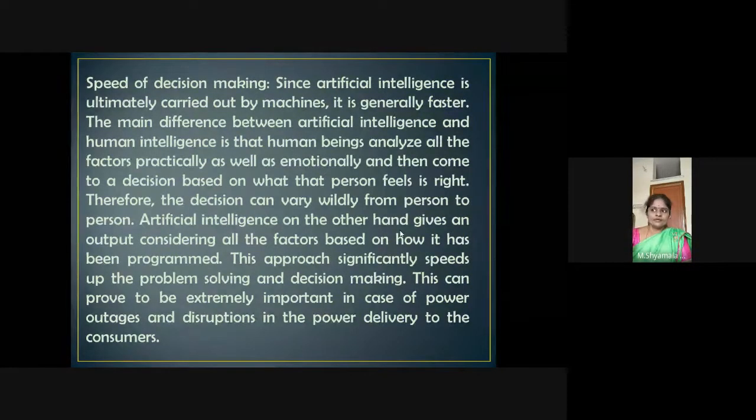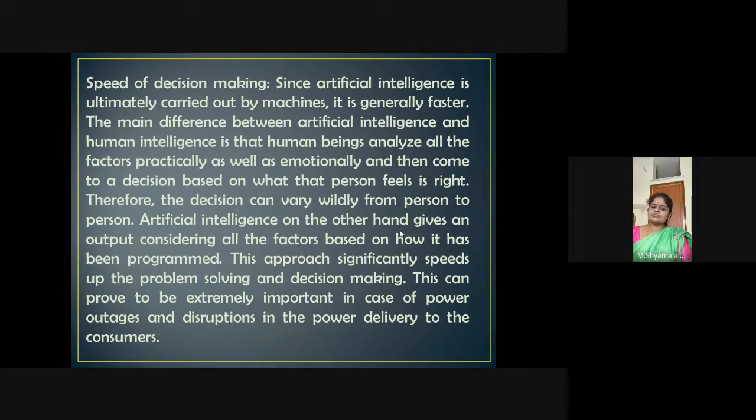If a human being is concerned, the human being will analyze all the factors practically as well as emotionally. After that, the person comes to a decision based on what they feel is right. But the decision may vary from person to person. For a lenient person, due to emotional parameters, the decision is more positive.